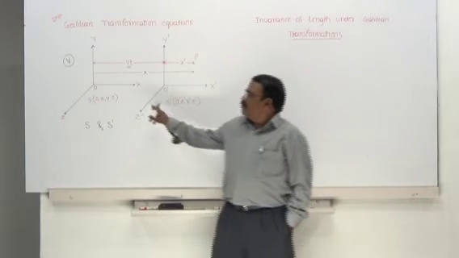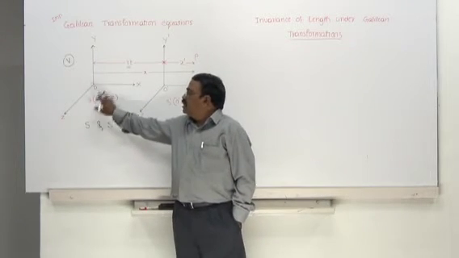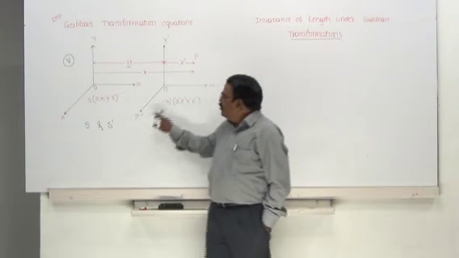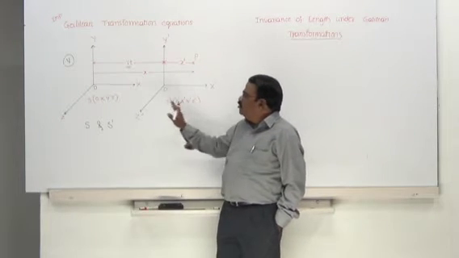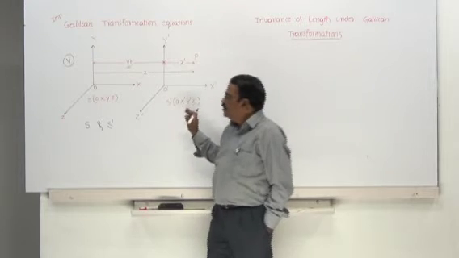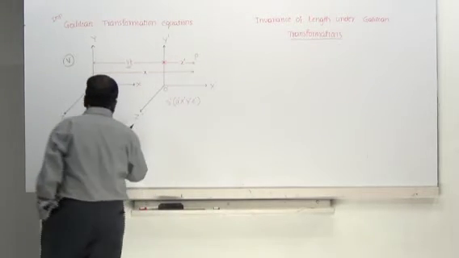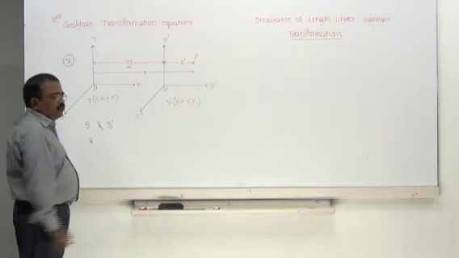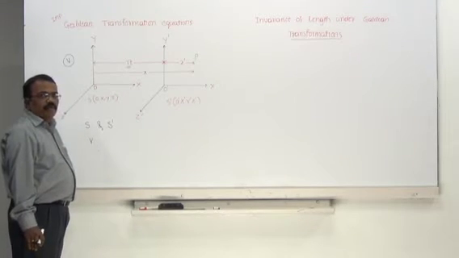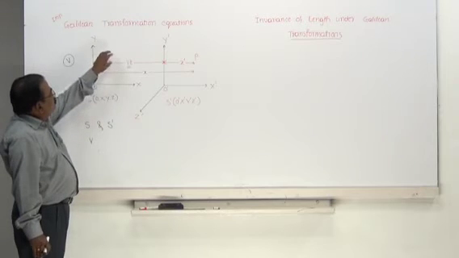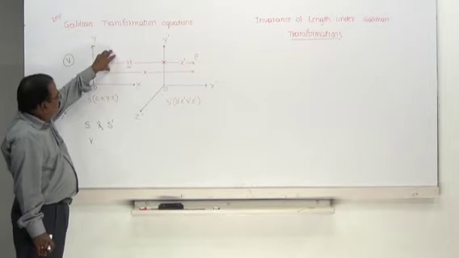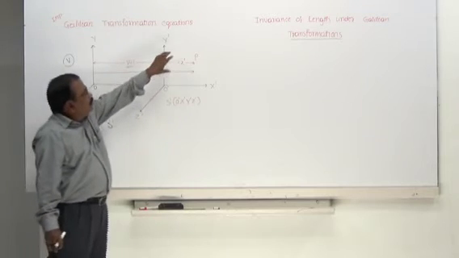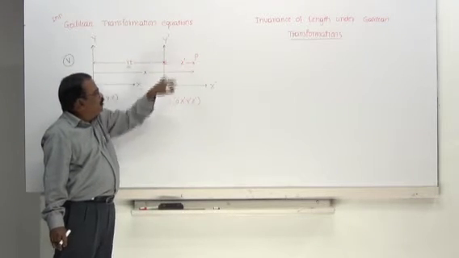So a frame of reference S is at rest. A frame of reference S dash is moving with uniform velocity V. So assume that there is one clock in frame S and another clock in frame S dash.